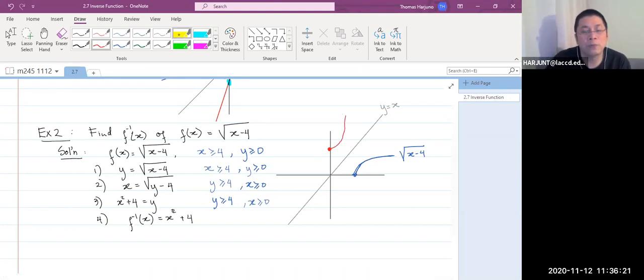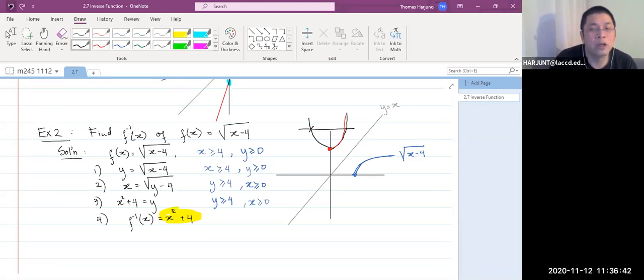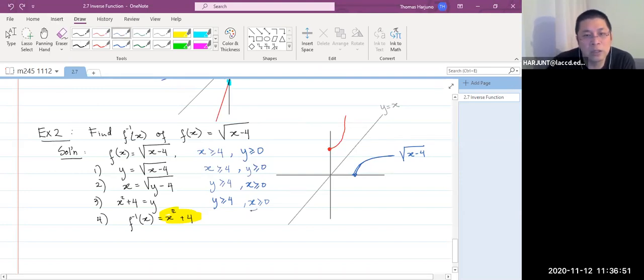Now, notice that if you graph this in full, it's supposed to look like this. But you see that this function is not 1 to 1. While we know that if a function is 1 to 1, then the inverse has to be 1 to 1 also. Now we can only be aware of that 1 to 1-ness if we are aware of this restriction we originally have.